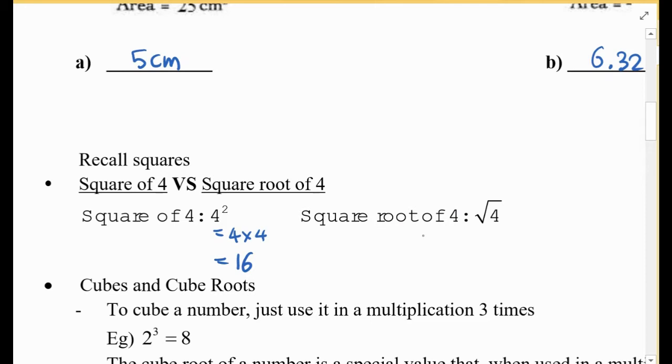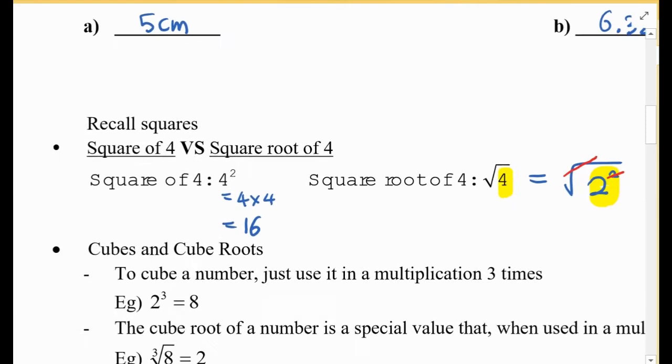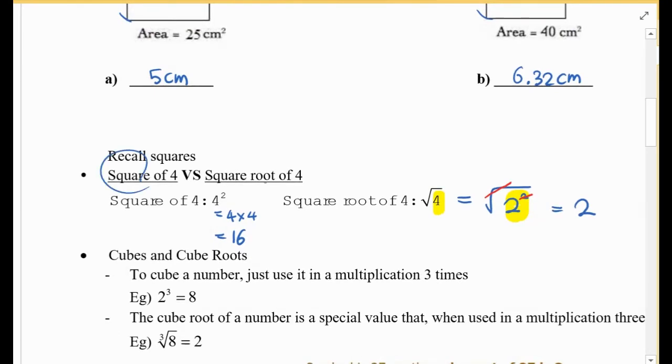The square root of 4 is the same as the square root of 2 squared, because 2 squared is 4. So when you have a square root and the exponent 2, you can cancel out. So the square root of 4 is 2. So that's the difference between square and square root. Alright? Okay.